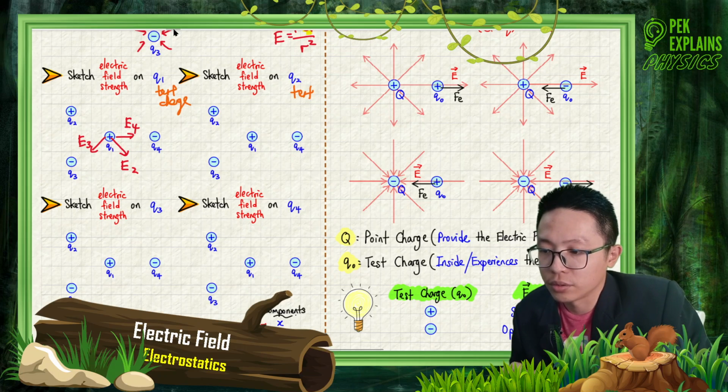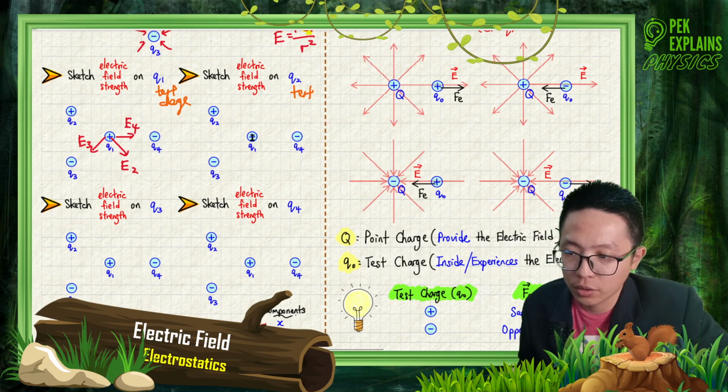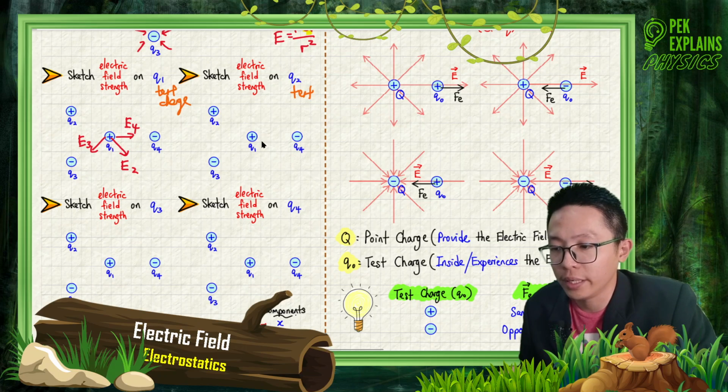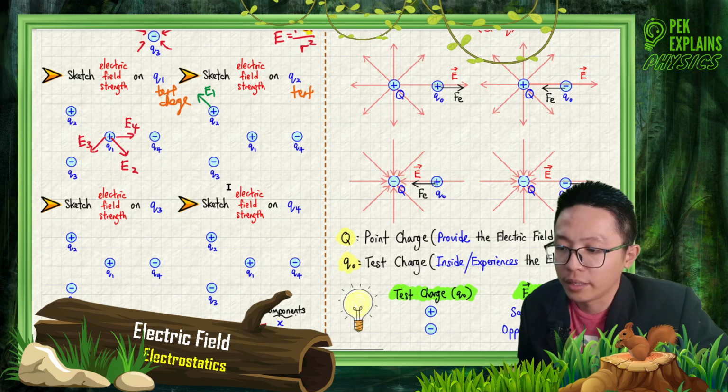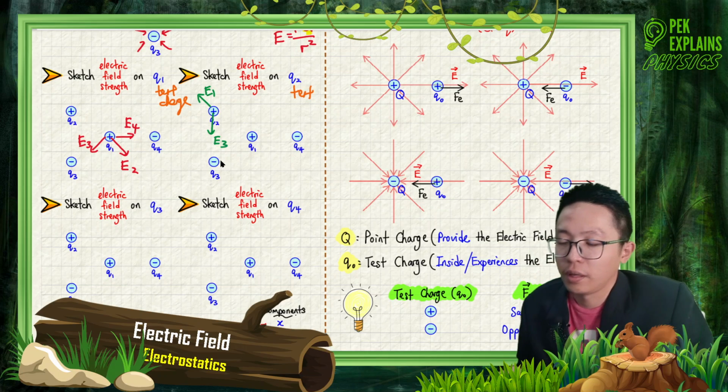Okay, so maybe this time I use green color. Q1 is positive, so going away from Q1. So this is E1. And then Q3 is negative, so going towards negative, E3.